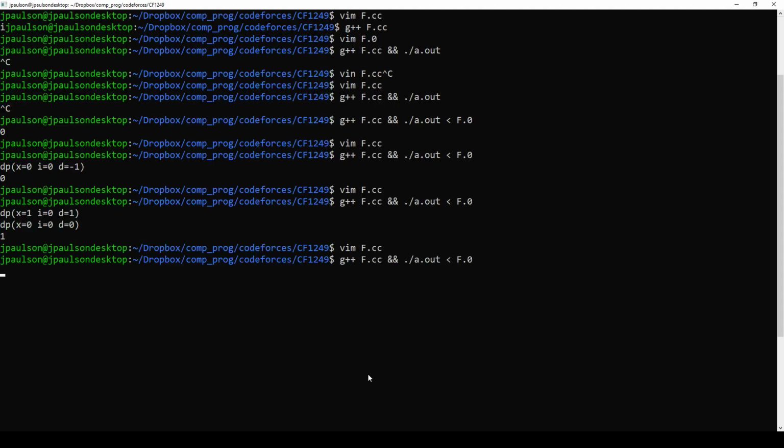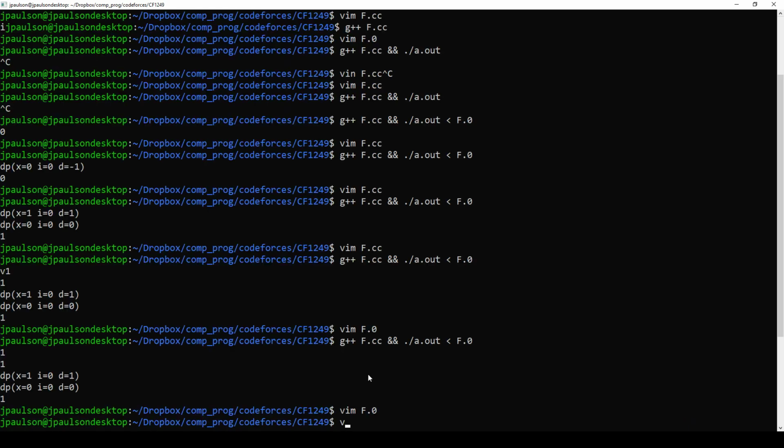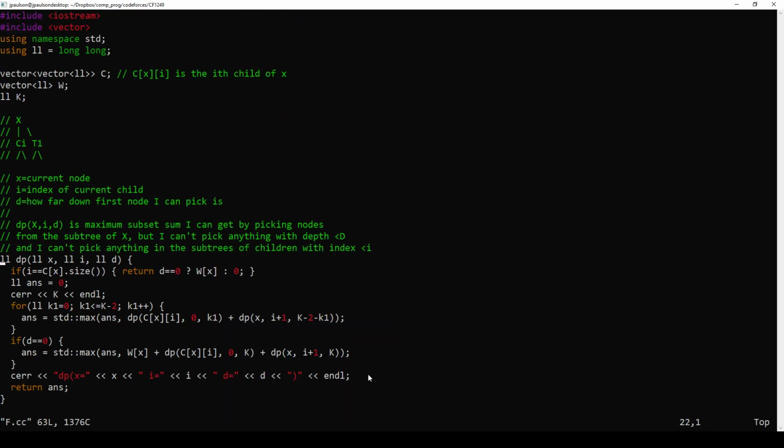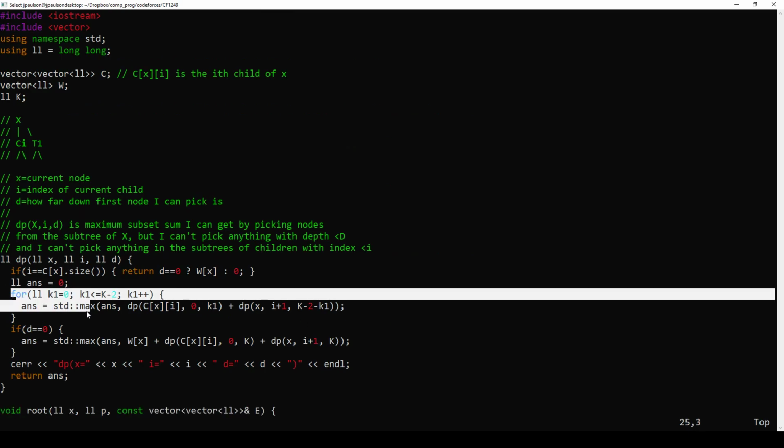This k is meant to be 1. Okay, so this loop never runs. That seems like a bug.